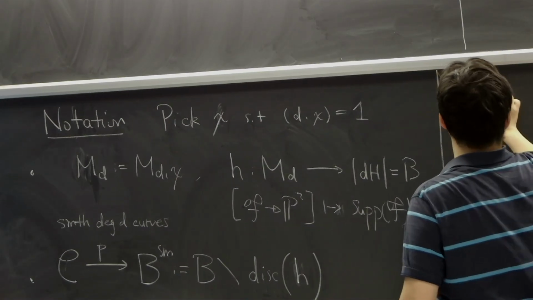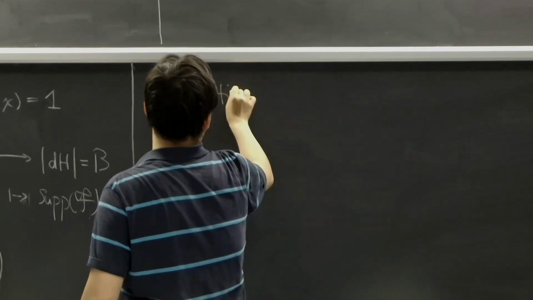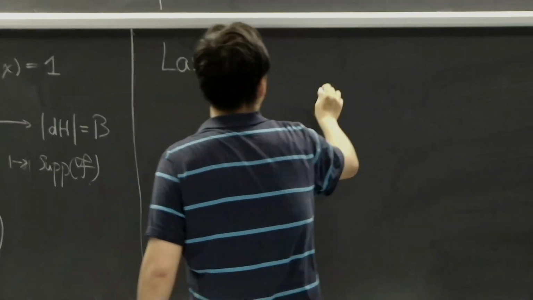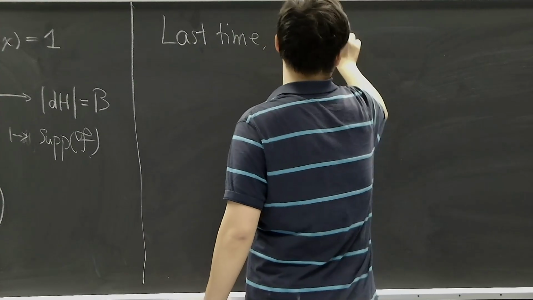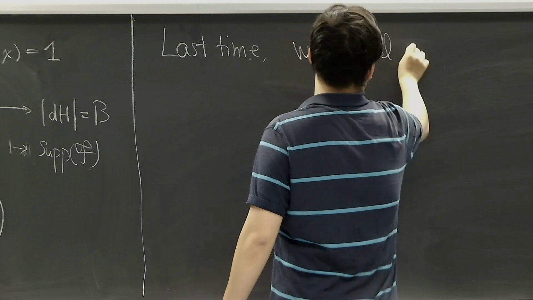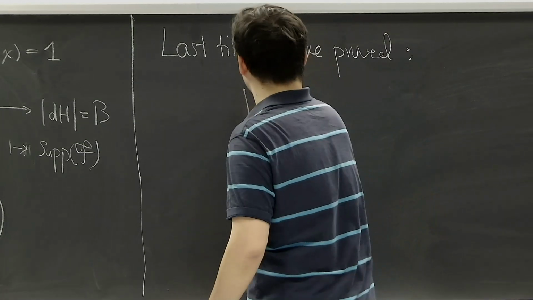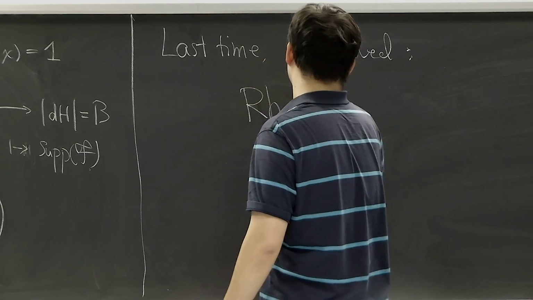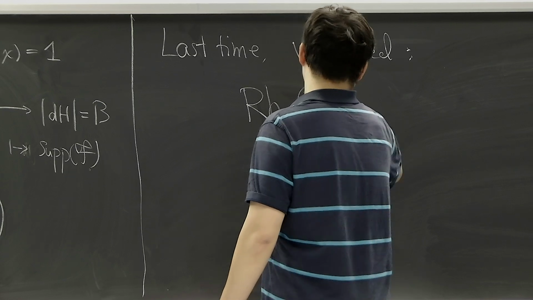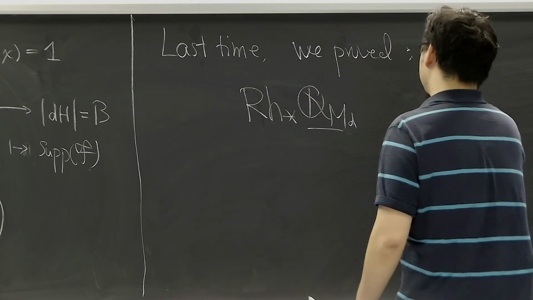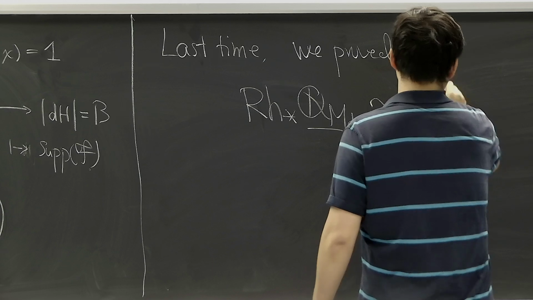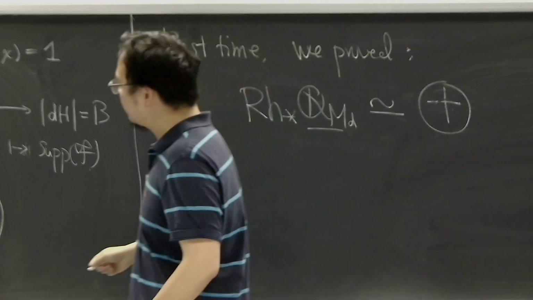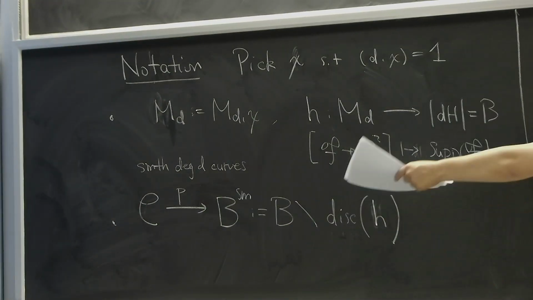Yesterday we proved that if you consider the decomposition theorem, the pushforward of the constant sheaf is isomorphic to a sum where everything on the right-hand side depends only on the smooth curves.